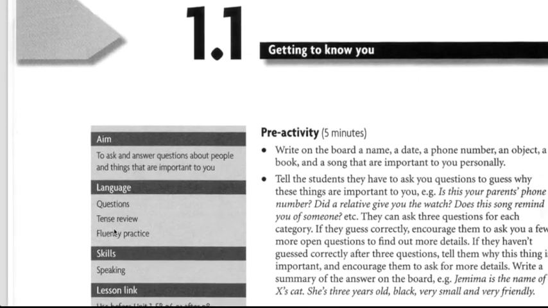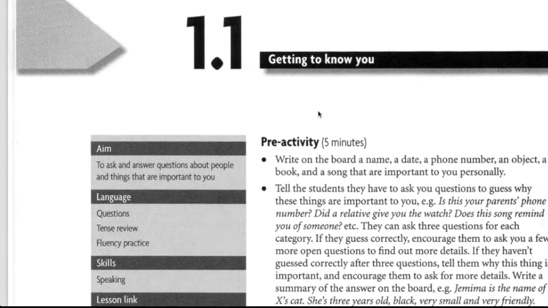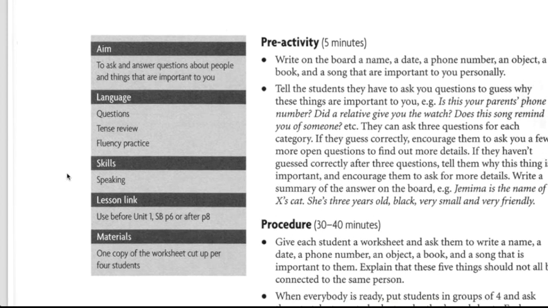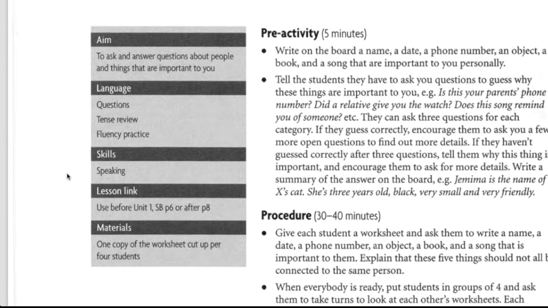These are also terrific resources because quite often they give you ready-made lesson plans that you then tweak and tailor-make to fit your audience. So here we have a pre-activity. And what's the aim? Asking and answering questions about people and things that are important to you. Okay, so they need to learn about how to formulate questions, and they're practicing fluency. It's a speaking skill. Cool.